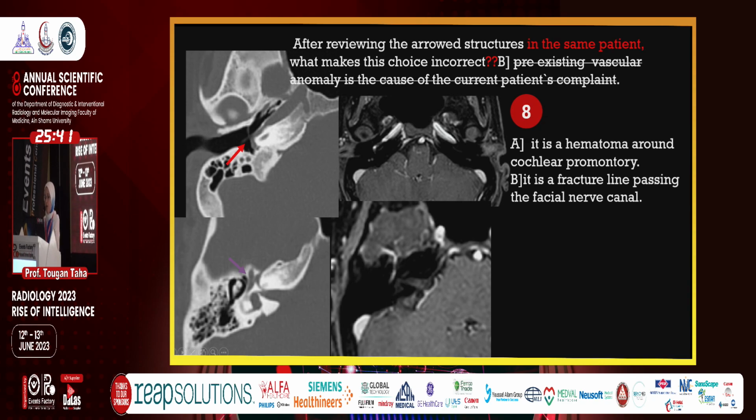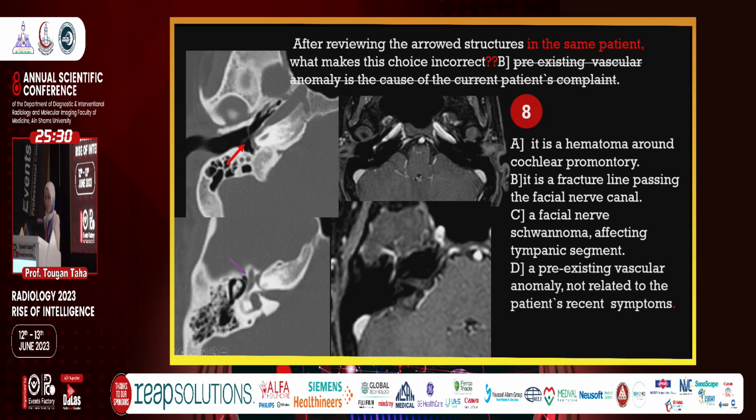B, it is a fracture line passing the facial nerve canal. C, it is a facial nerve schwannoma affecting the tympanic segment. D, it is a pre-existing vascular anomaly not related to the patient's recent symptoms. Please answer.